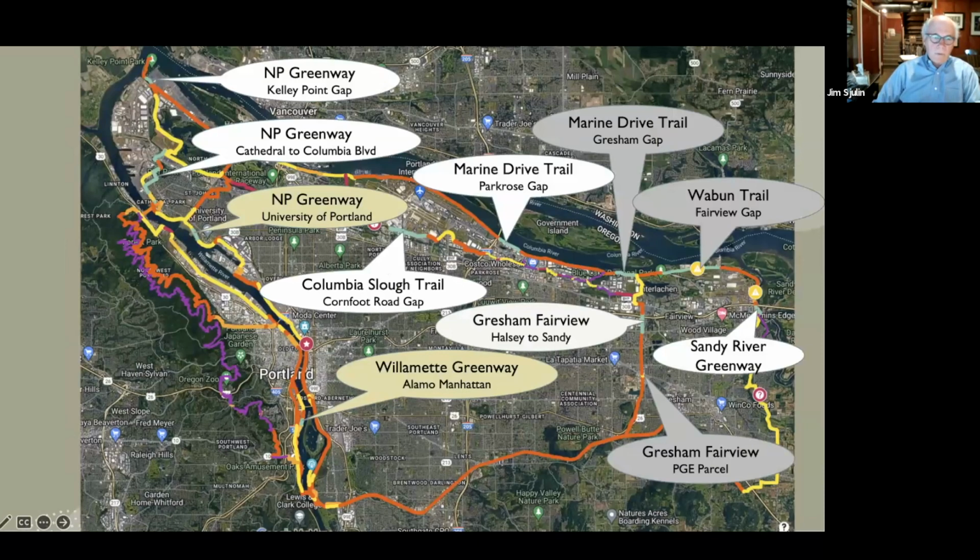So this slide shows you where those projects are occurring. Actually, it's a kind of a mixture of funding sources. So all those white bubbles pointing towards green segments of the trail are projects that were funded with that $20 million round of funding. The sort of tan projects are projects that are being completed by private developers as a requirement to meet the city code.